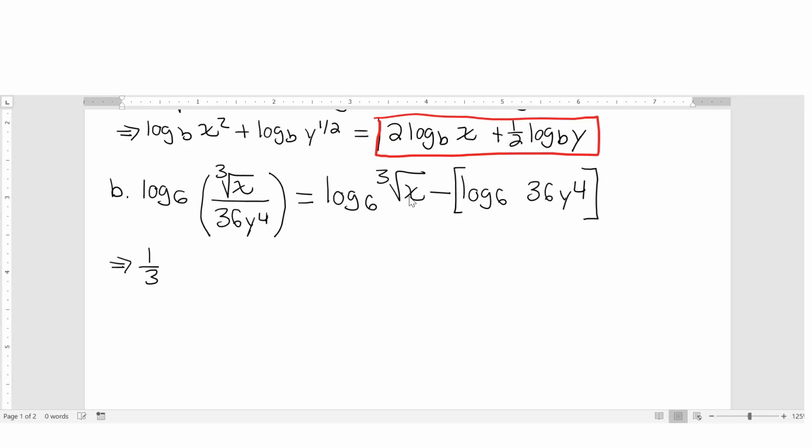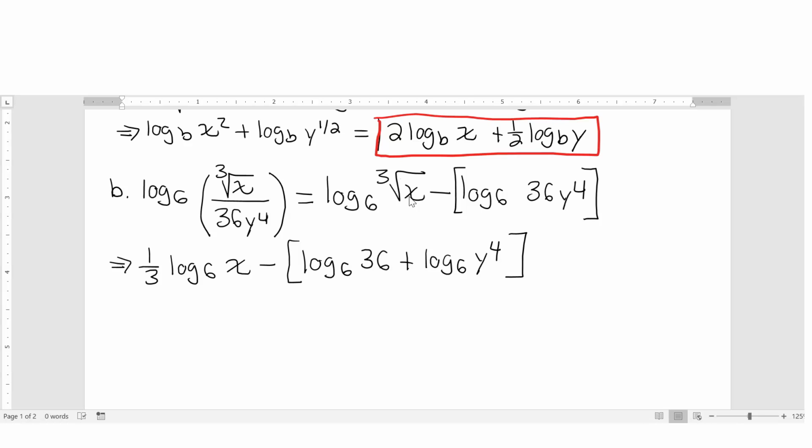So that will be 1/3 log to the base 6 of x. But now we have this nested product rule we have to deal with. So now we'll have log to the base 6 of 36 plus log to the base 6 of y to the 4th.